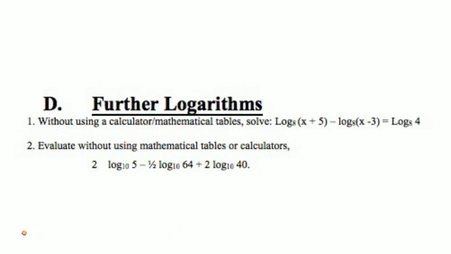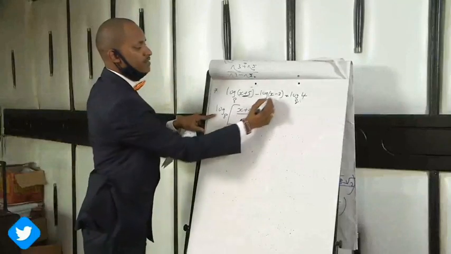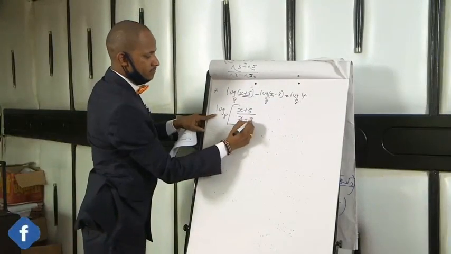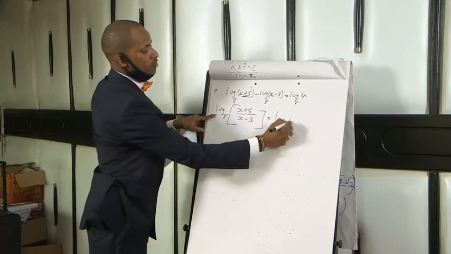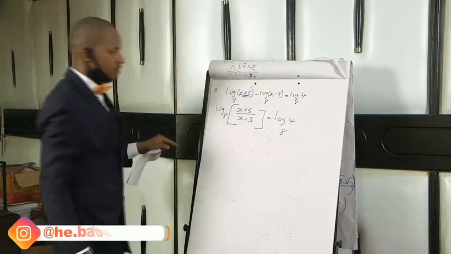x plus 5. Then look at this sign. If it is minus in logarithm, when you collect logs to the same base, you change it to be division. You divide by x minus 3 equals log 4 to base 8.